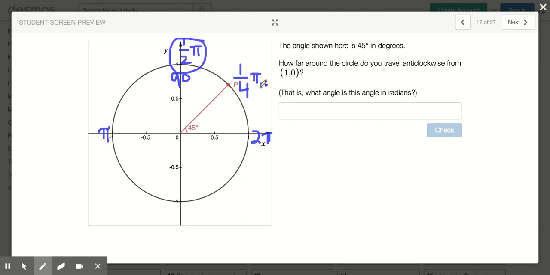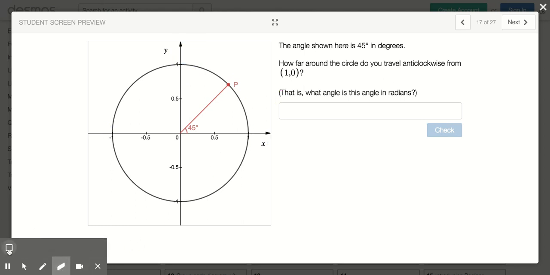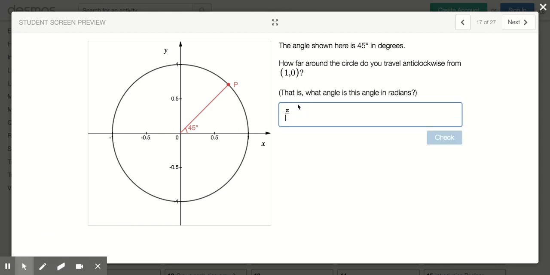Or we can write that as pi, and I'm getting lazy here, I'm not doing the little squigglies, over 4. Okay, and that's what our answer is for this question. So to write that, you type in pi over 4.